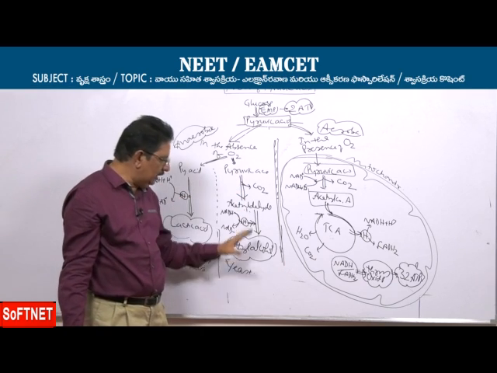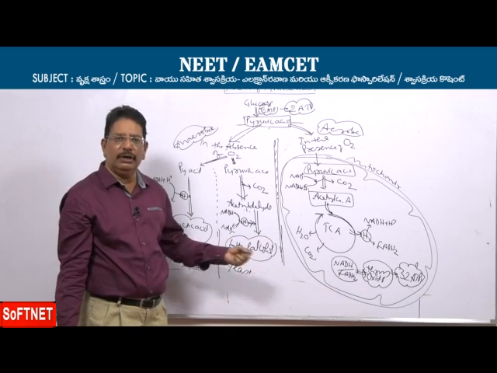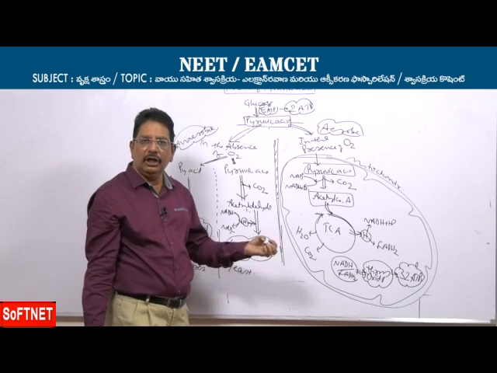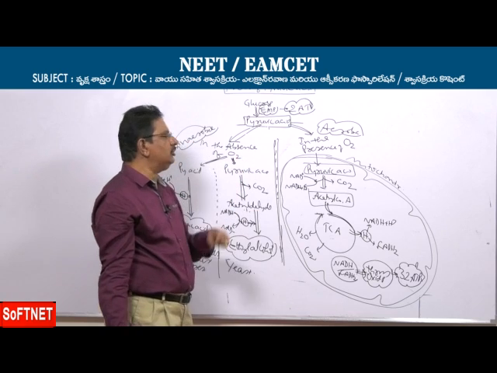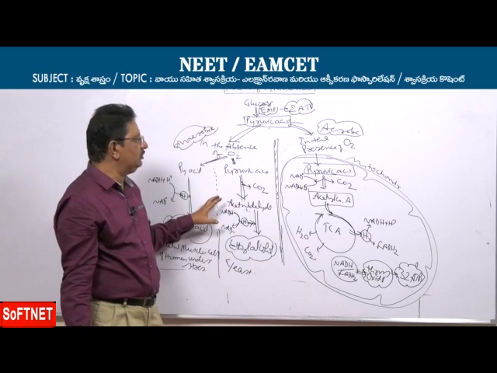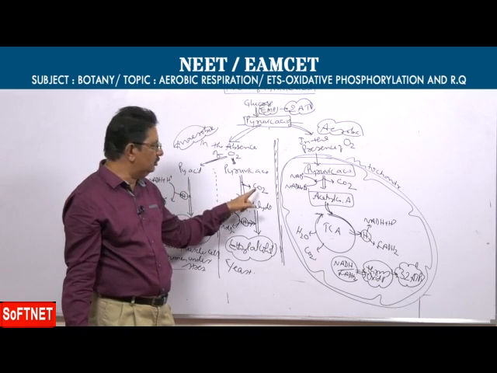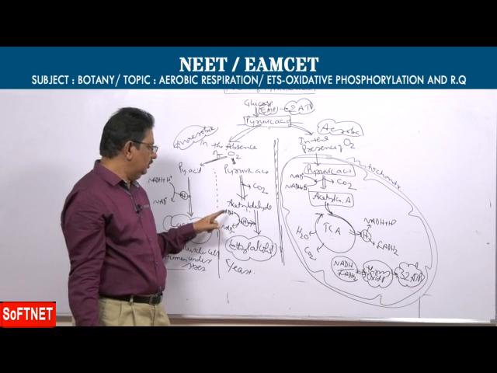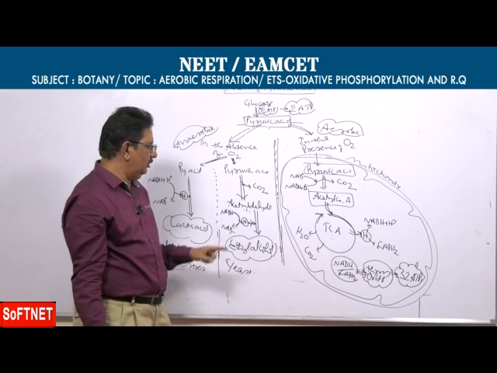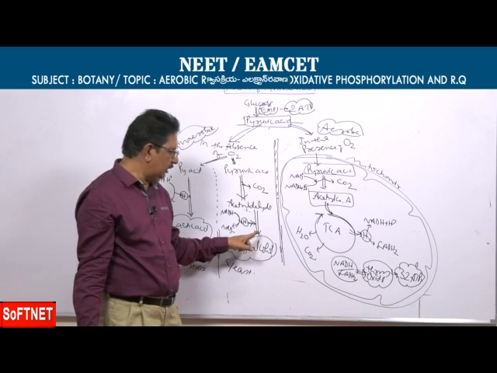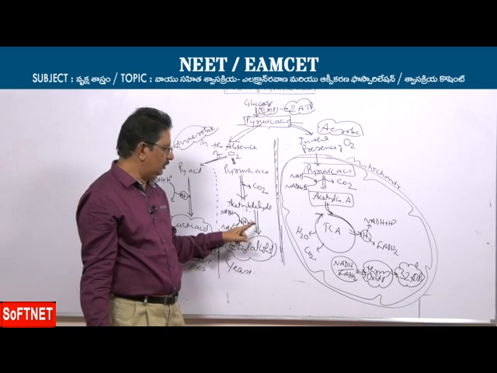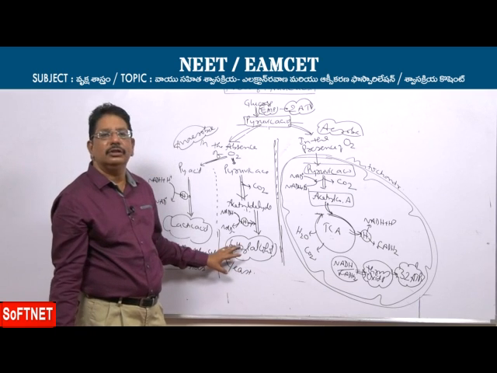And then in yeast, Saccharomyces, a unicellular fungus, in absence of oxygen, the key product of glycolysis first undergoes decarboxylation, then forms acetaldehyde, which later undergoes reduction, not oxidation, and converts into ethyl alcohol.